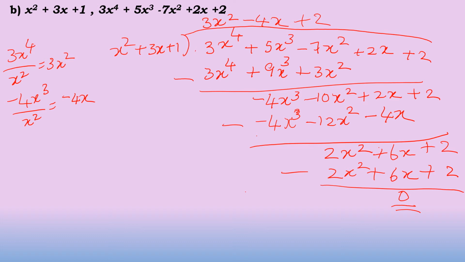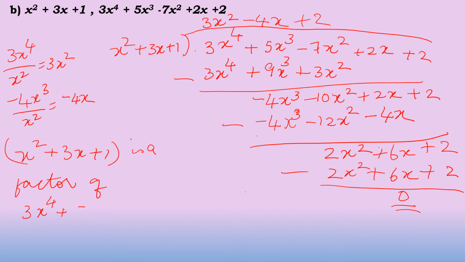Therefore, we say that x square plus 3x plus 1 is a factor of 3x to the power of 4 plus 5x cube minus 7x square plus 2x plus 2.